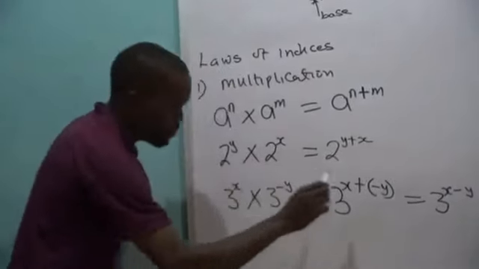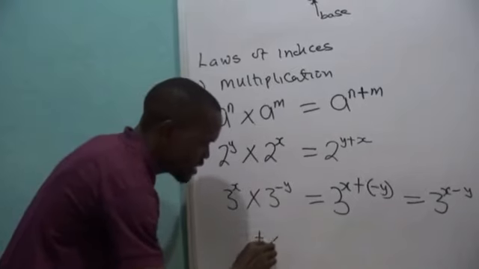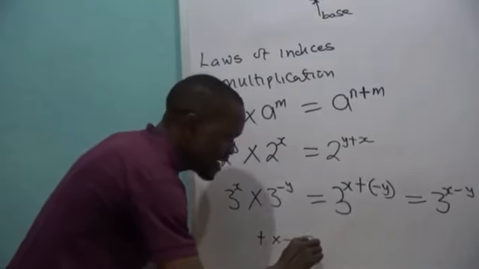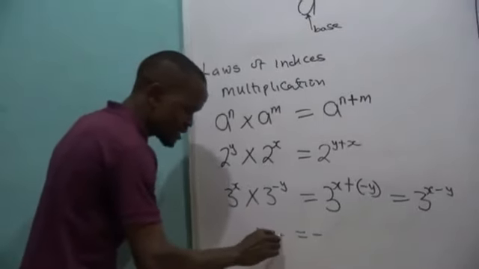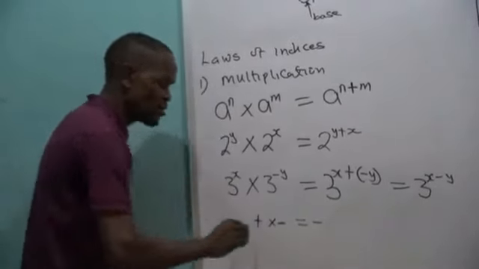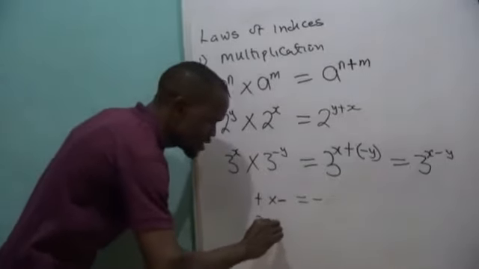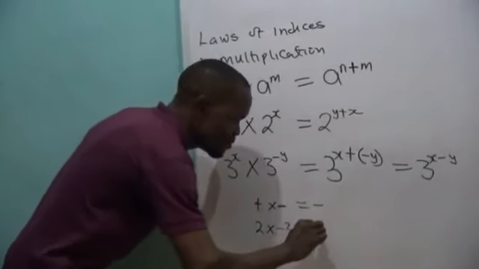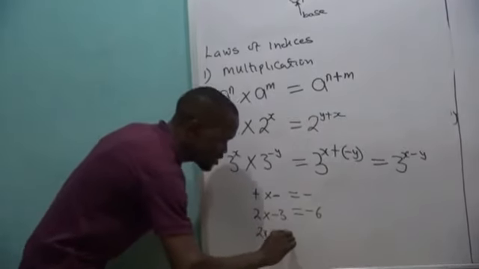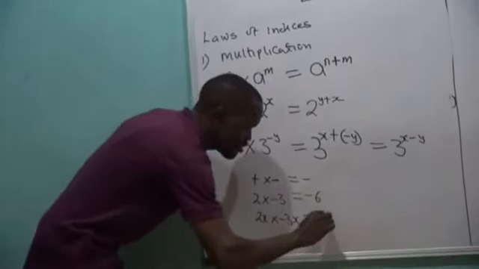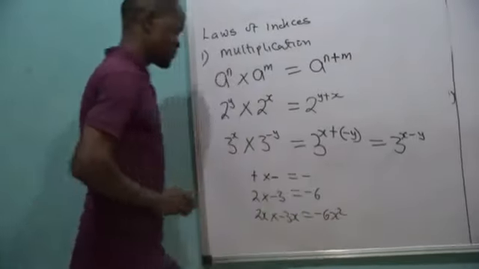The answer is minus. For instance, I have 2 times minus 3, the answer is minus 6. Therefore, if I have 2x times minus 3x, the answer is minus 6x squared.